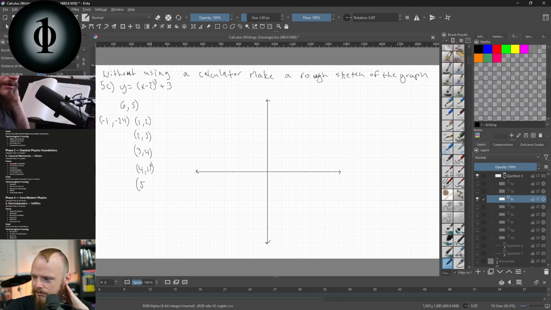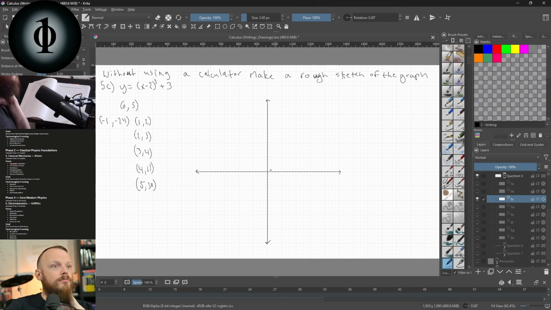What is the Fibonacci sequence? 1, 1, 2, 3. All right, 5 minus 2, 3 cubed is 27 plus 3, 30. See, we already left the graph.